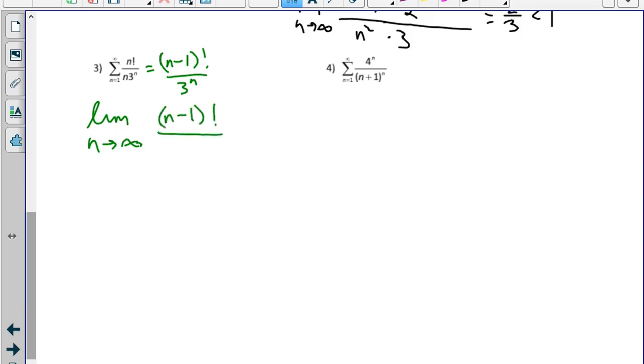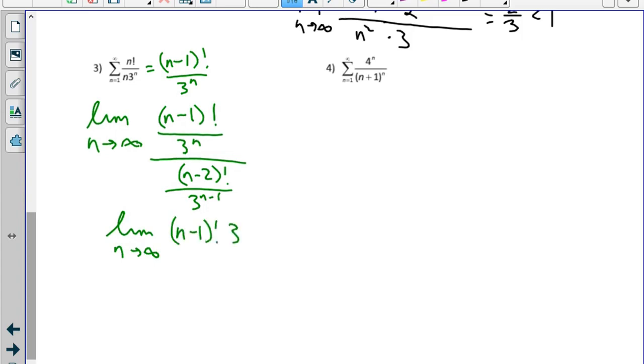So that's n plus 1 factorial over 3 to the n divided by n minus 2 factorial over 3 to the n minus 1. So that's equal to the limit as n approaches infinity of n minus 1 factorial times 3 to the n minus 1 over 3 to the n times n minus 2 factorial, which is equal to the limit as n approaches infinity.